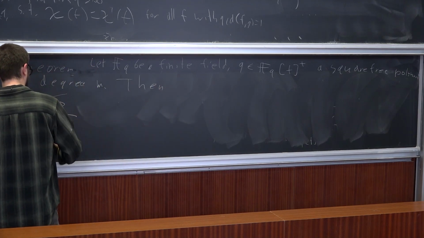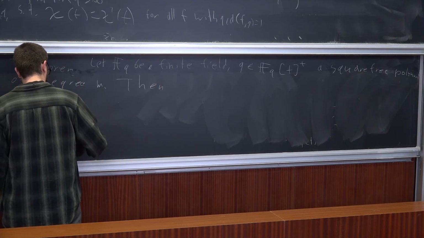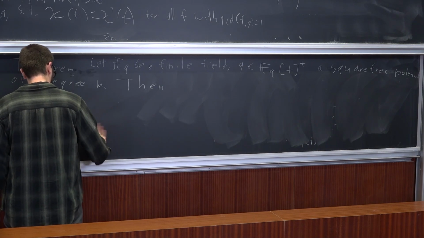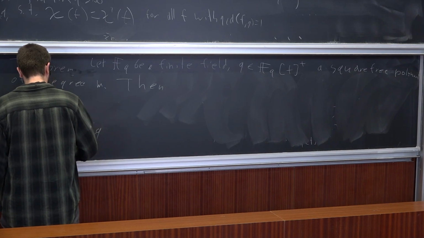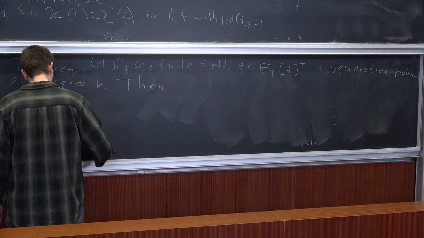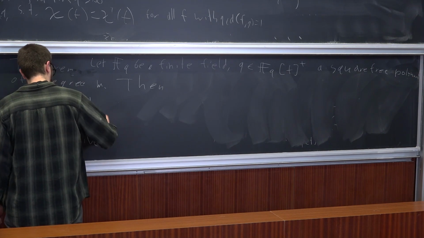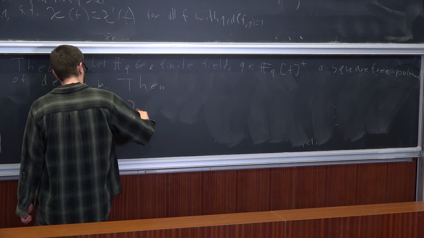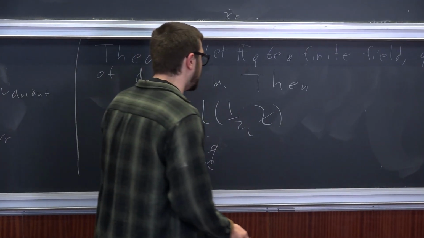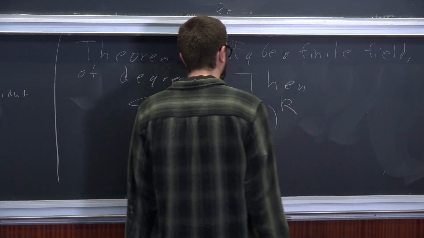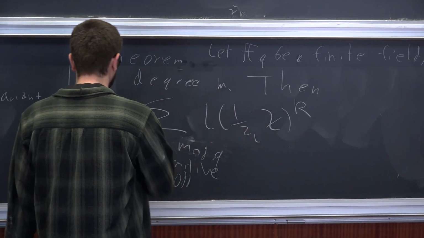I'm going to sum over chi from F_q[T] mod g, chi modulo g, which are primitive and odd, L(1/2, chi). So I'll choose this point 1/2, this central point, as being the most interesting one, raised to the power k.